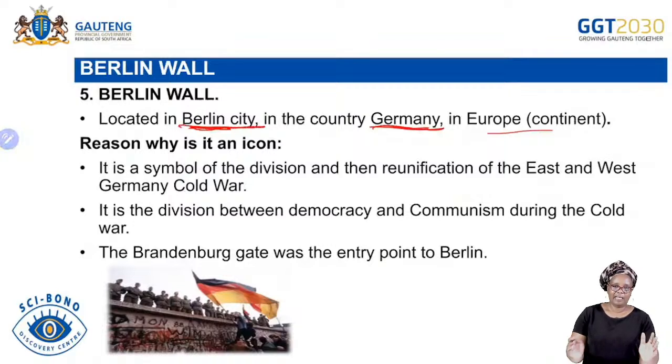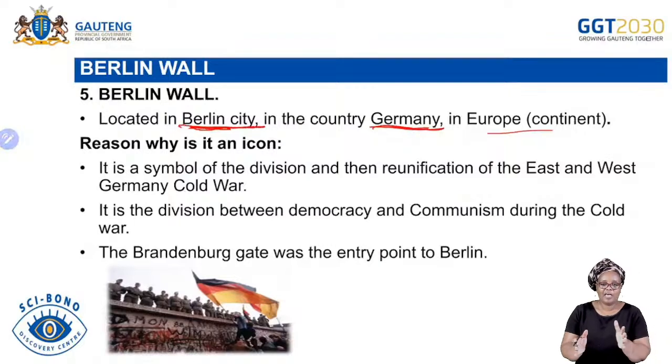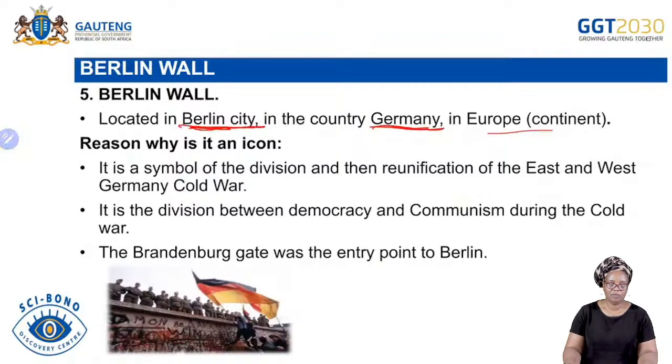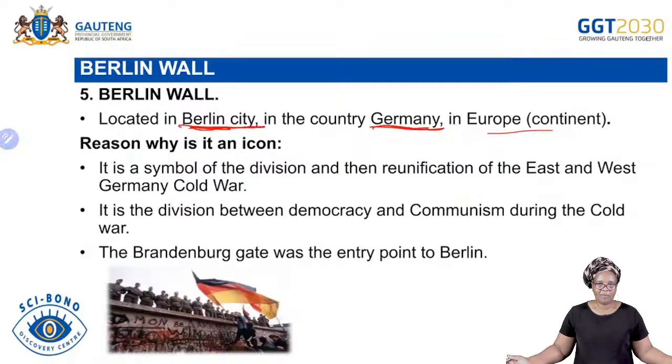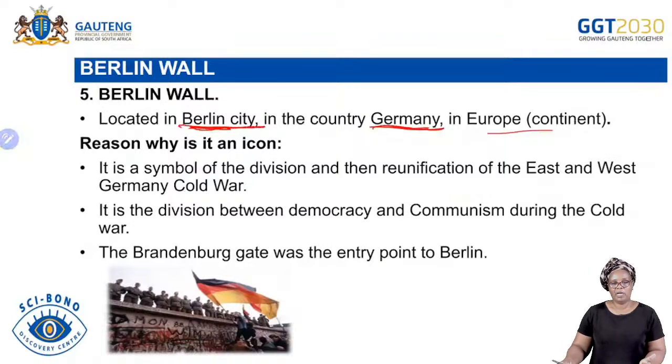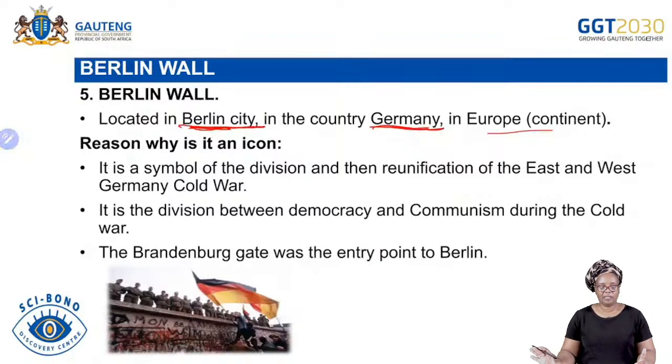And then, after division, the reunification of East and West Germany after the Cold War. So it is a symbol of when the East and the West divided and later on reunited. That's the reason why we have the Berlin Wall: the division and reunification of East and West Germany after the Cold War.